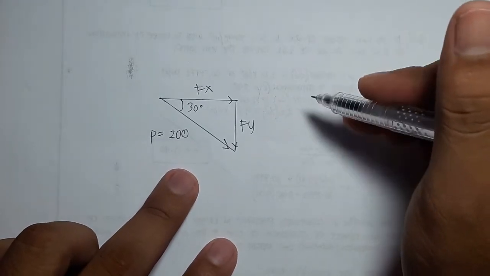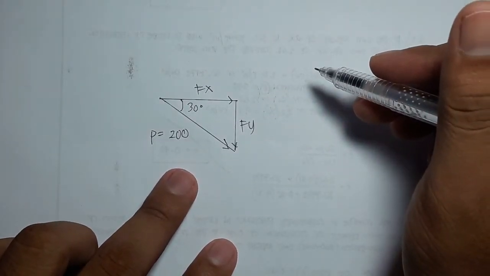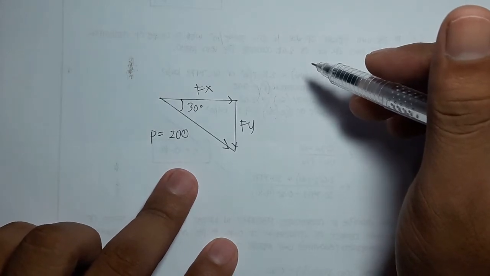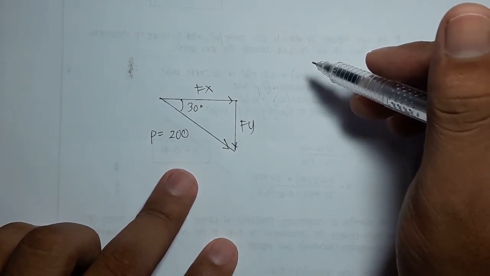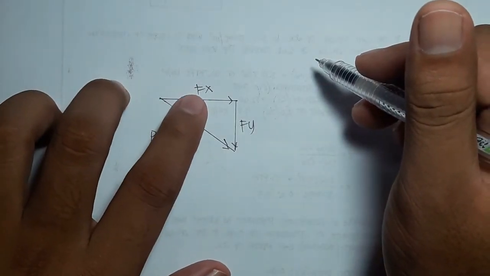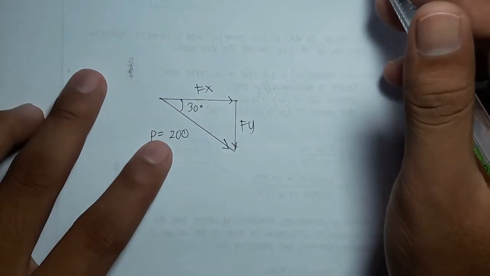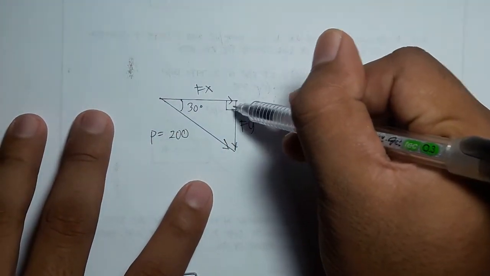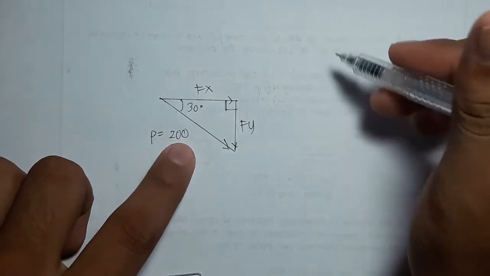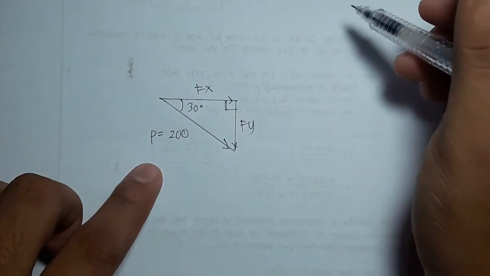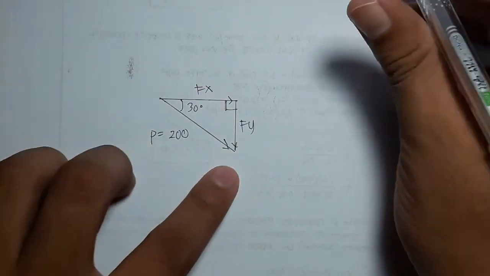So if you use the definition of cosine and sine and its functions, we can solve these components because it is basically a right triangle. So we can use sine to solve for the Fy.